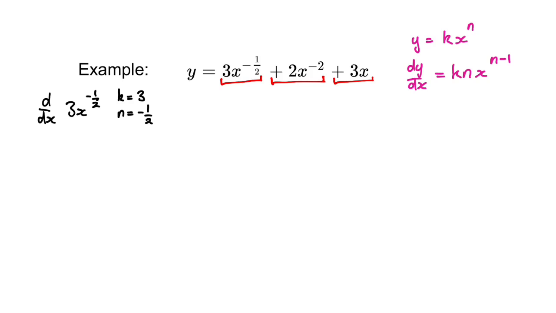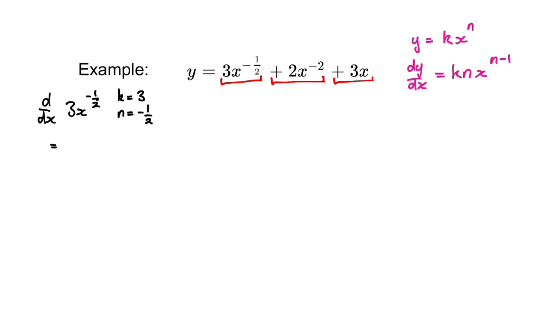So then we take our rule into consideration and we end up with 3 times negative a half x to the negative a half minus 1.